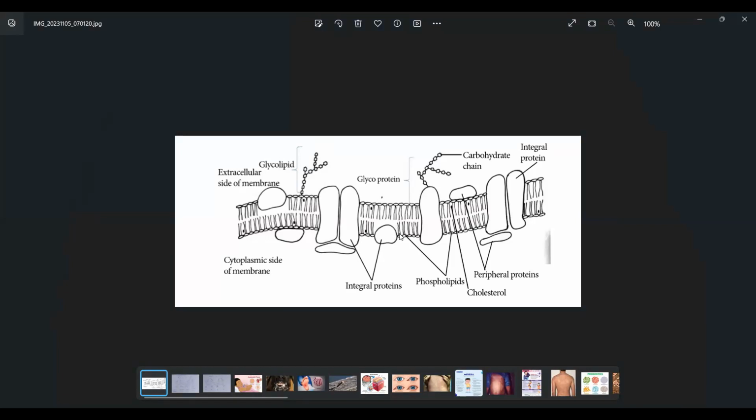Apart from these, in the bilayer there is another type of proteins called peripheral proteins.